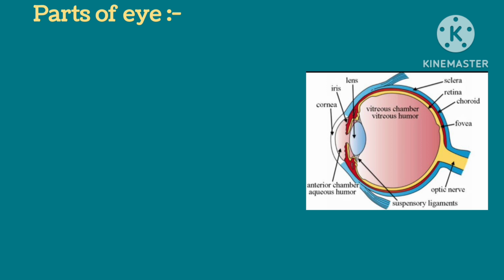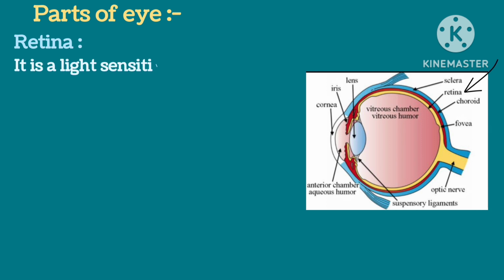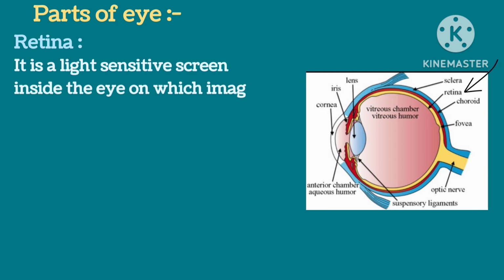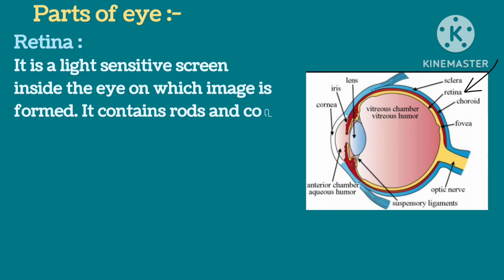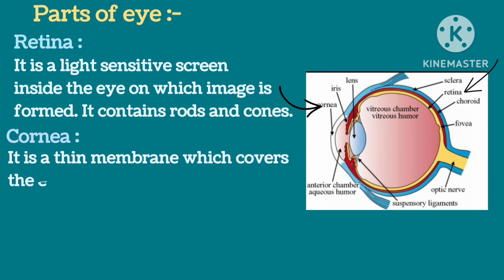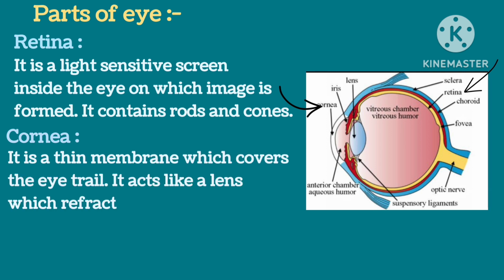Parts of eye. Retina. It is a light-sensitive screen inside the eye on which image is formed. It contains rods and cones. Cornea. It is a thin membrane which covers the eye, acts like a lens which refracts the light entering the eye.